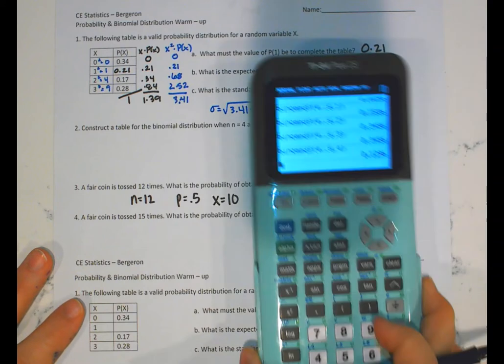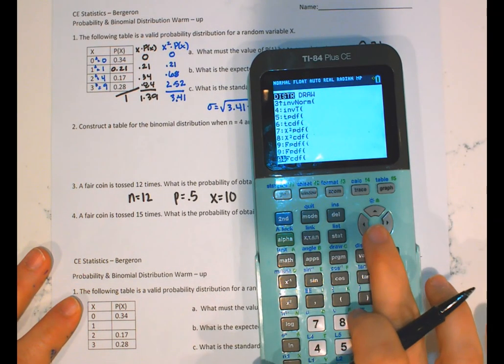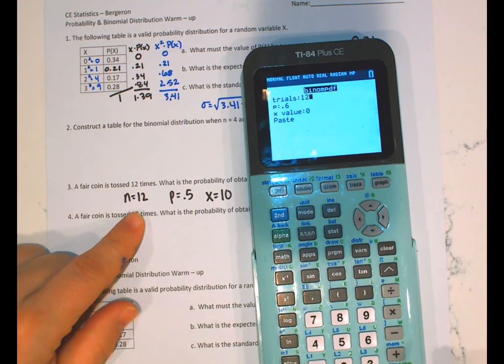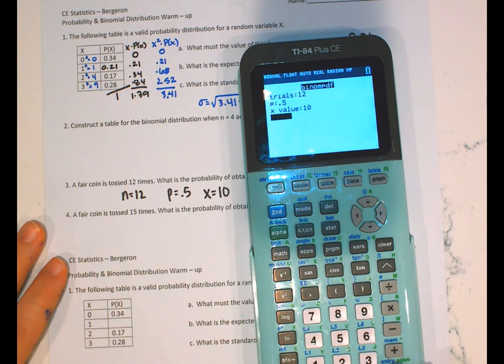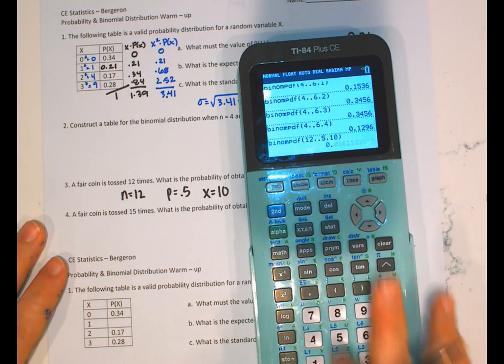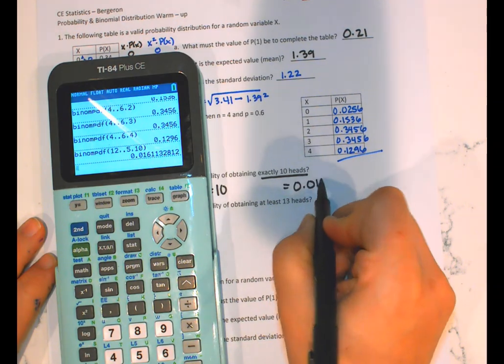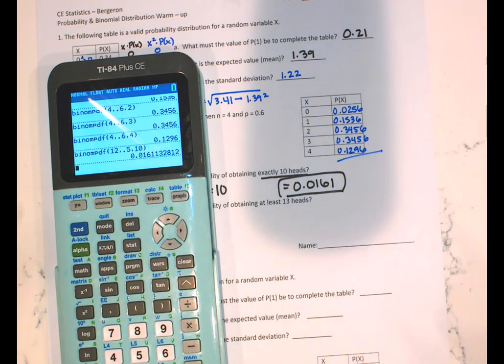So I'll go back to my calculator, hit second vars, go down to letter A, my binom PDF. My number of trials was 12, my probability 0.5, and I want it to happen exactly 10 times. So when I do that, I get 0.0161. So if I want to turn that into a percentage, there's a 1.6% chance that that would happen.